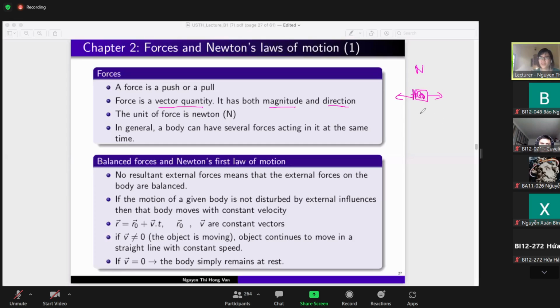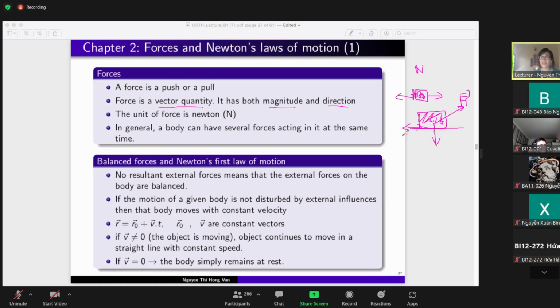And in general, if you have a body here, it can be acted on by many types of force. For example, this one has a gravitational force. You can apply a force in this case. It can have some friction here.